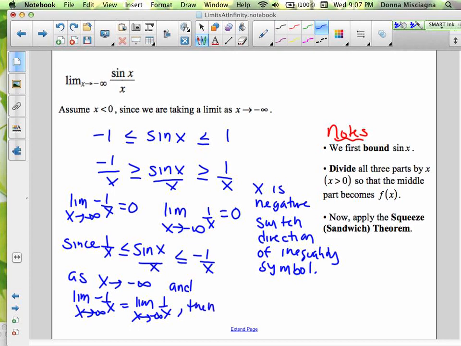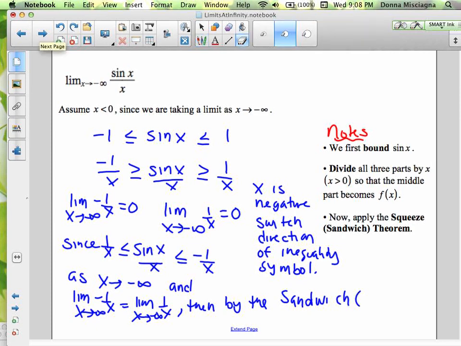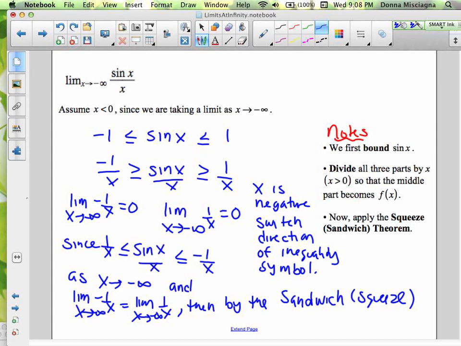Then by the sandwich squeeze theorem, I gave myself extra space and I still wrote too big. We can squeeze it in.